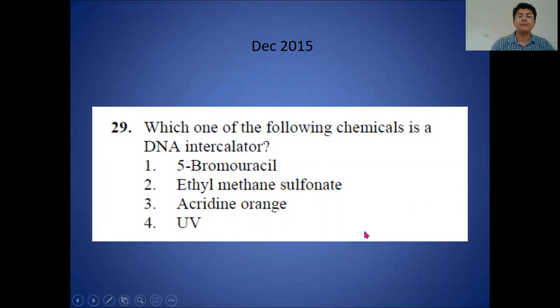So 5-bromouracil and ethyl methane sulfonate, these are the chemical mutagens. These can be base analogs, whereas UV is a physical mutagen. Acridine orange is an intercalator and it gets inserted between the adjacent bases and causes insertion mutations. So acridine orange is the correct answer.